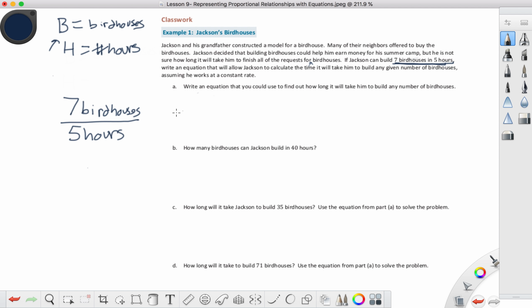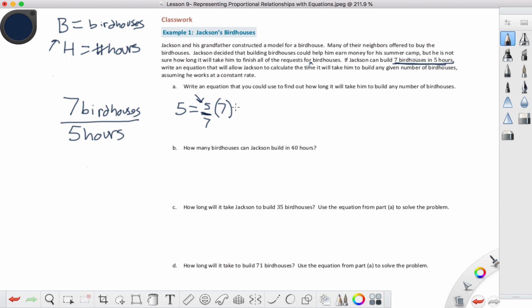And we're going to figure out, if we know that in 5 hours he can make 7 birdhouses, then what we need to do is calculate some number that we can multiply to go from one thing to the other. That's obviously the constant of proportionality, and rather than writing it as a decimal, I'm just going to write it as a fraction, 5 over 7. So 5 is hours, and 7 is the number of birdhouses.